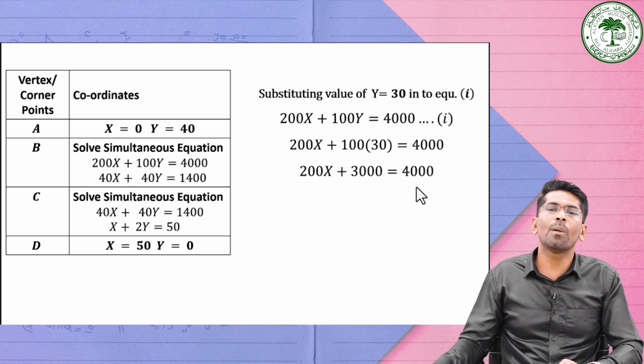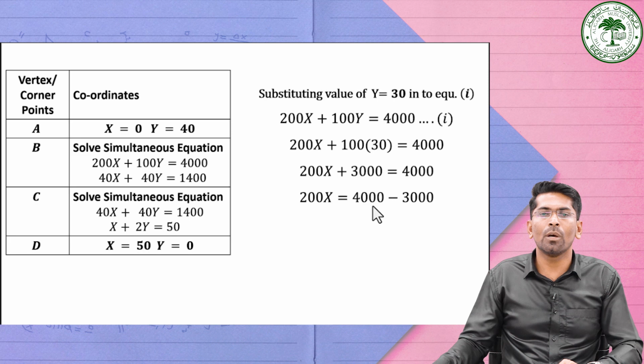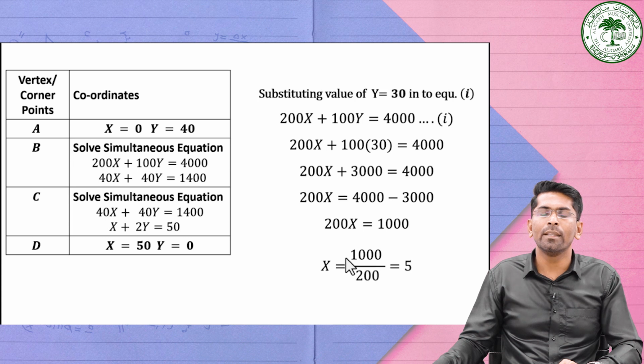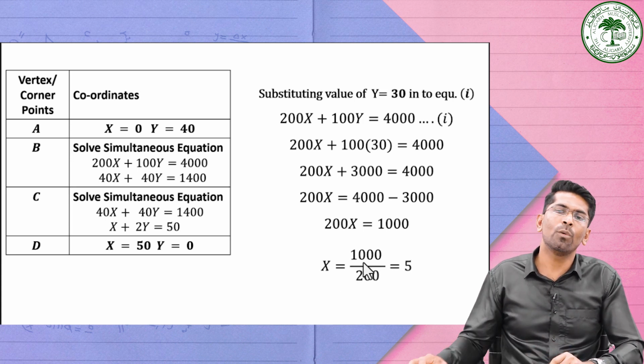Now we subtract 3000 from both sides, so 200x is equal to 4000 minus 3000, which is 1000. Dividing both sides by 200, we can isolate x: x is equal to 1000 divided by 200, which is 5.